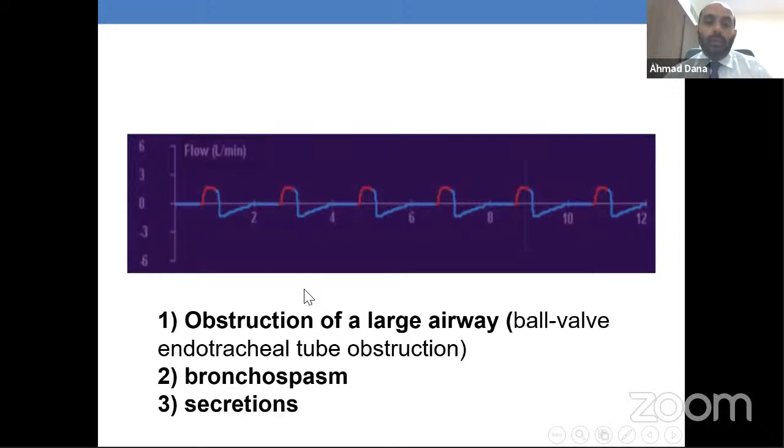Now, the other problem. So this is if you give short expiratory time. There is another problem if there is obstruction, which means that the air is not coming out easily. We mentioned that it should come out fast, the peak expiratory flow, then whatever air remains will come slowly.